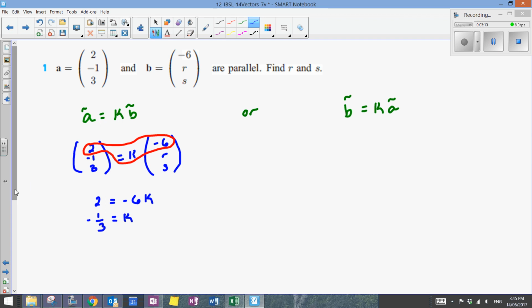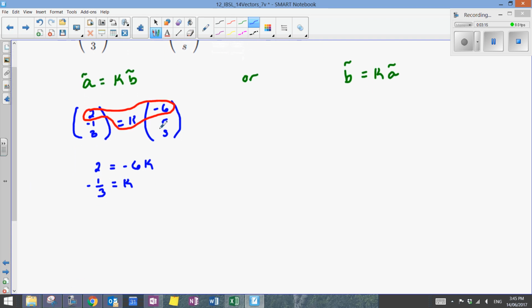Once we have that k value, that will allow us to find what R and S are as well. So -1 is equal to -1/3 R, and 3 is equal to -1/3 S. Therefore, R will equal +3, and S will equal -9.